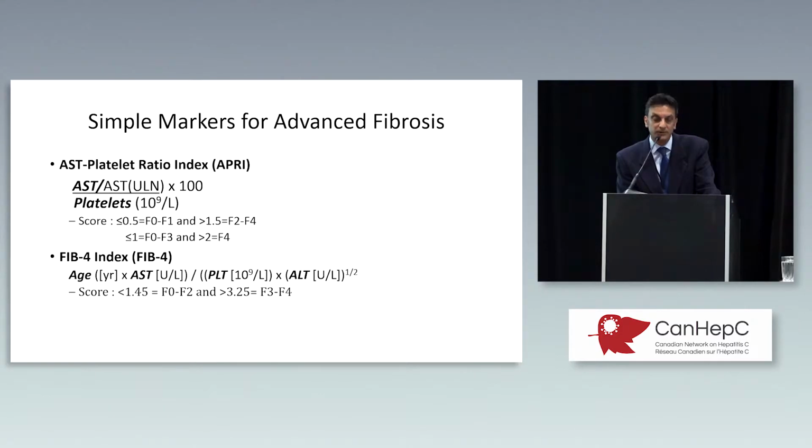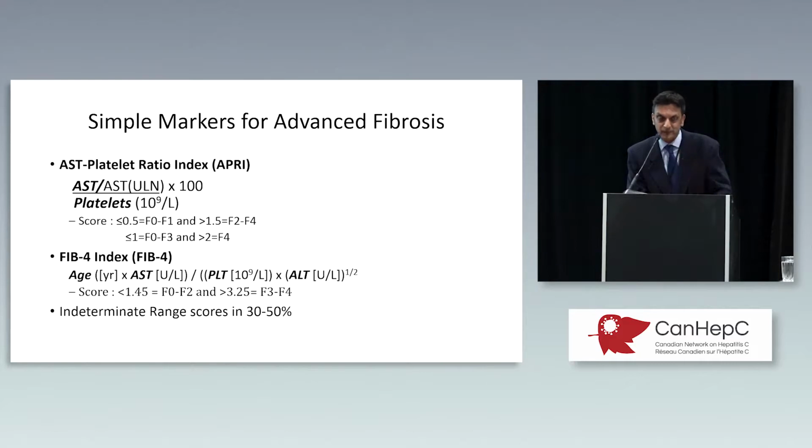So greater than 3.25 is equivalent to F3 to F4. However, when you fall into these indeterminate ranges, so take FIB4, if you have a score between 1.45 and 3.25, that's indeterminate, and that happens in about 30 to 50% of cases. So again, useful when everything fits in and everything agrees, but the reality is you get indeterminate scores in 30 to 50% of cases.